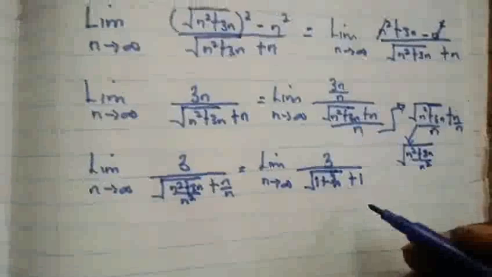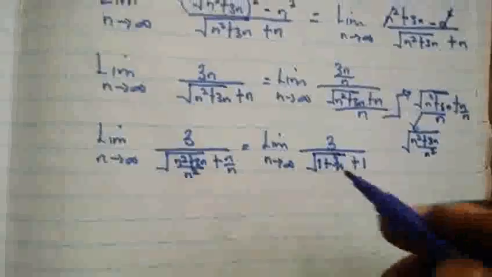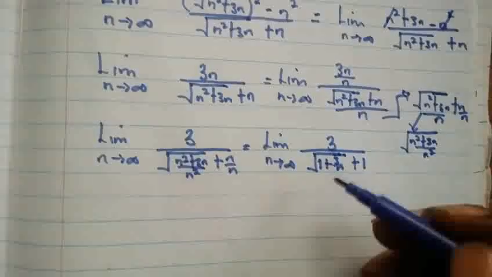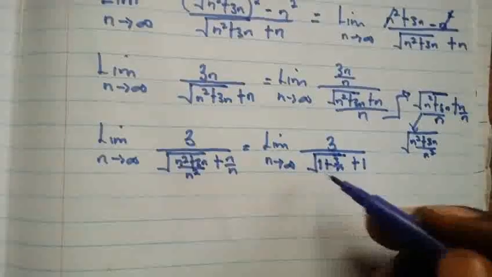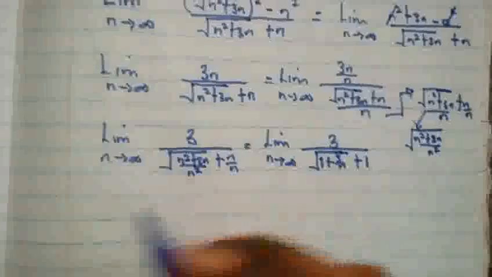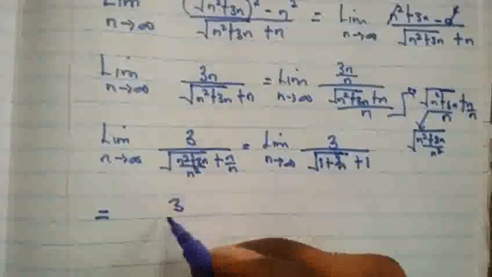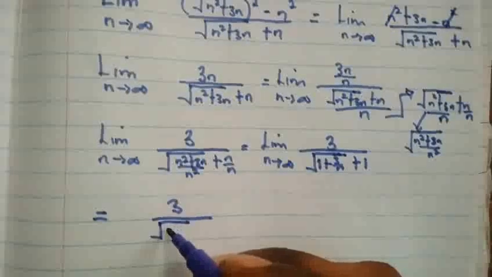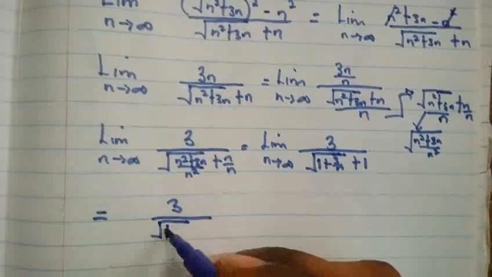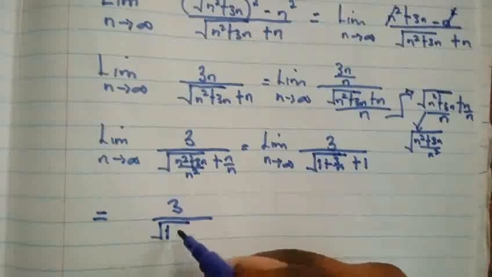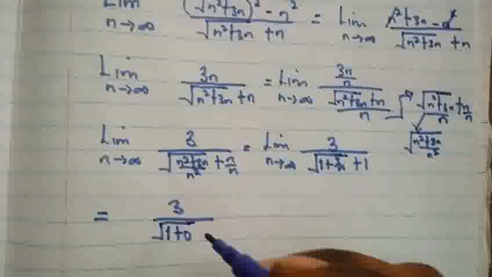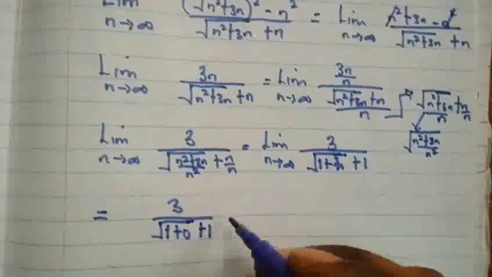Now from here we're going to observe something. We all know that 3 all over n, as n is approaching infinity, is approaching 0. So we have our limit to be 3 all over square root of 1, then plus 0, then plus 1.